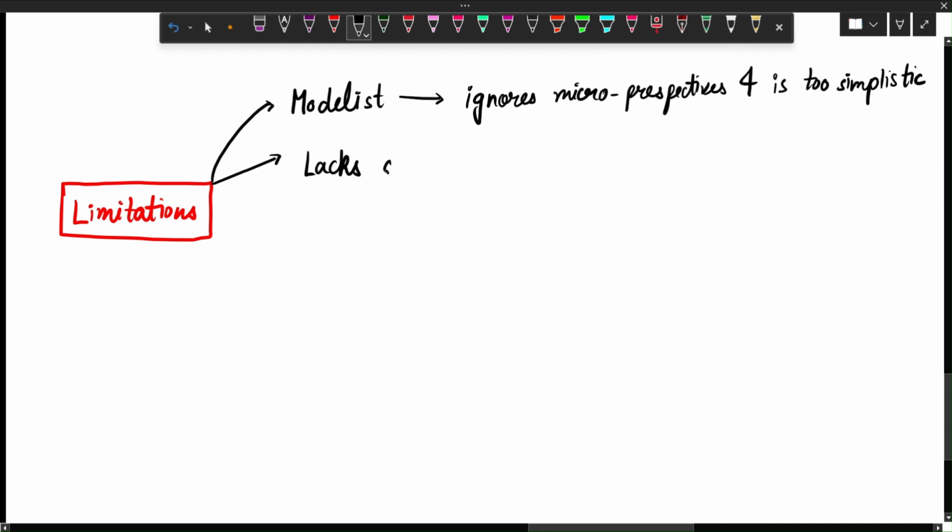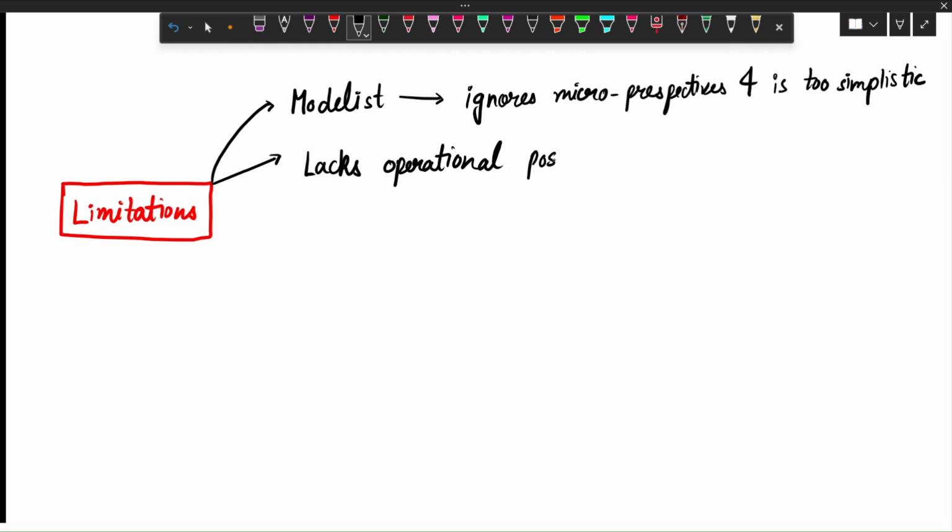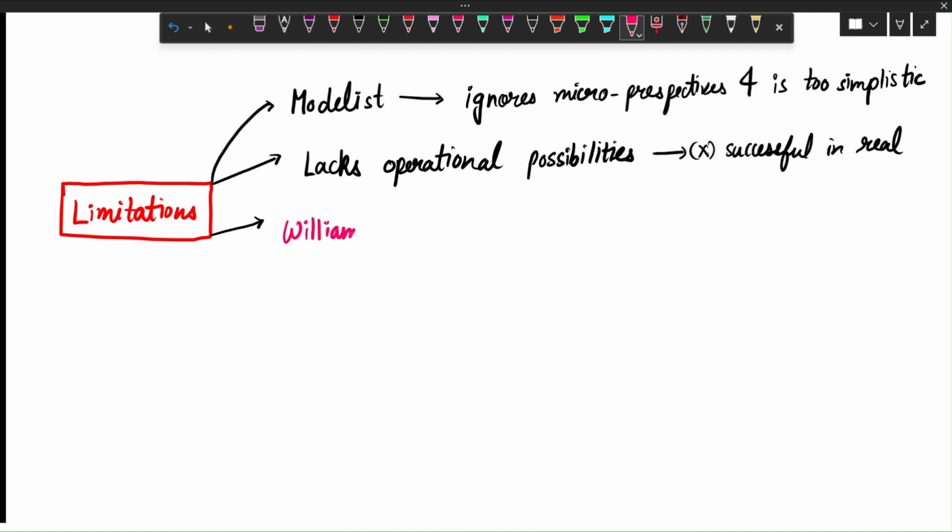So now let's read about the limitations of the systems approach. The first criticism is that it is modelist in nature, which means it ignores micro perspectives, and is too simplistic.